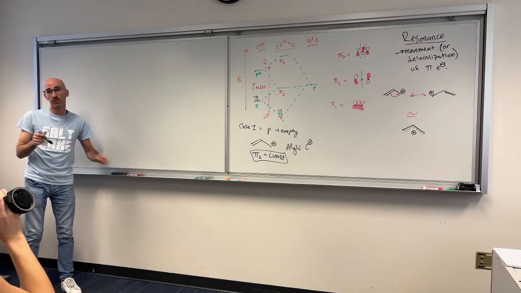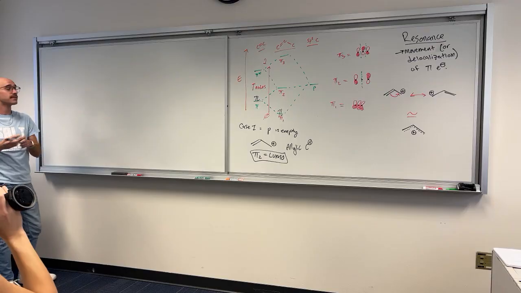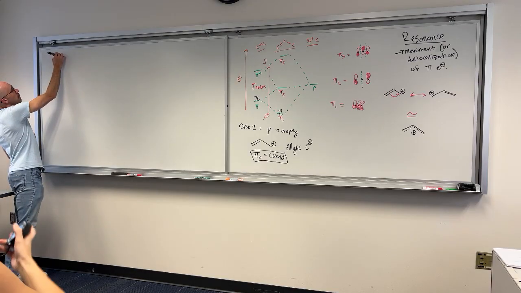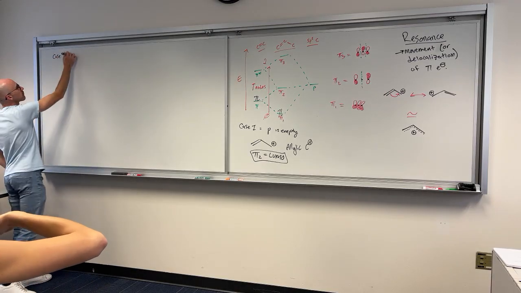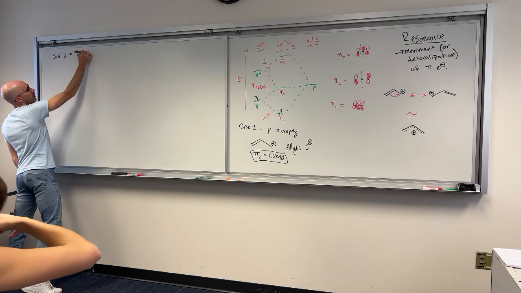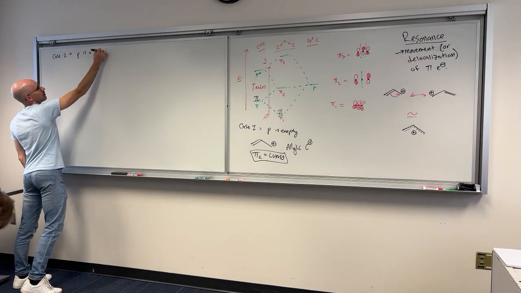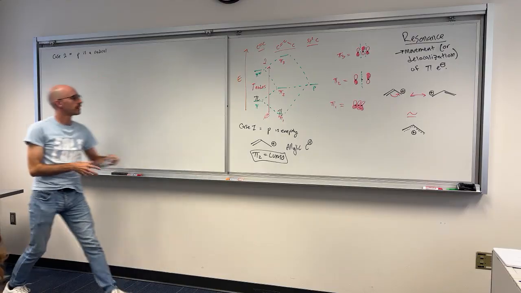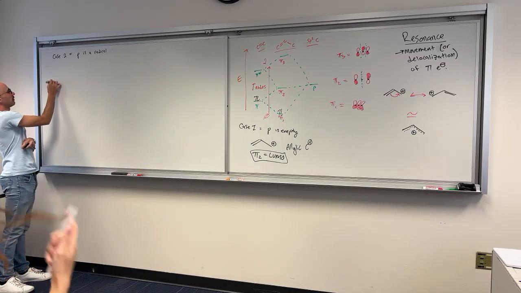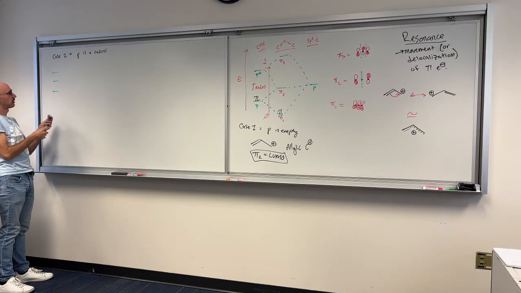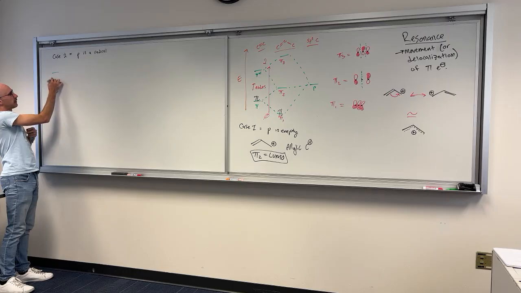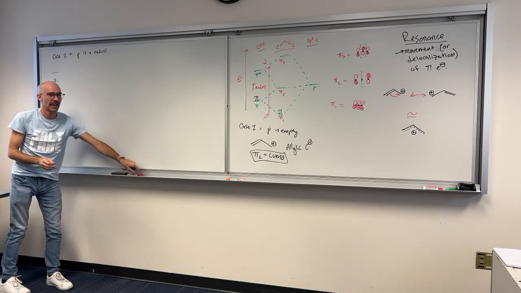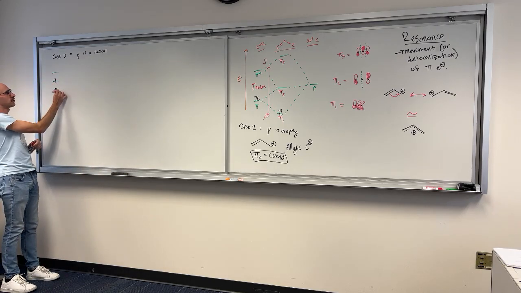All right, I want to move through these a little bit quicker. So case 2. The p orbital is a radical. The electrons that we get now have a filled pi 1 and a half-filled pi 2.